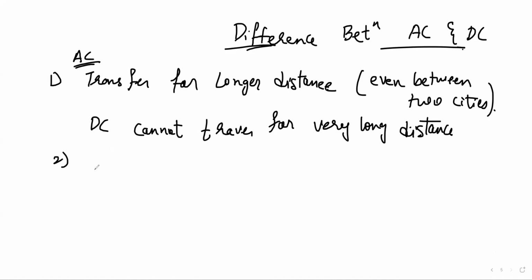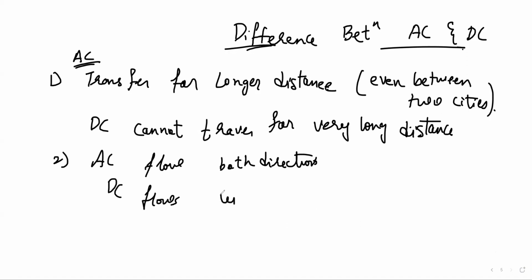AC means positive, negative, so AC flows in both directions. But DC flows unidirection, which means single direction.